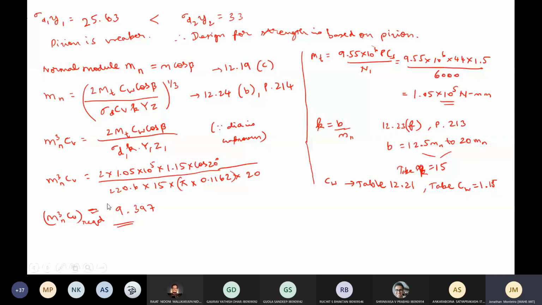So here the first column for iteration is Mn, taken in mm, the normal module. D, the diameter, once you set the module, is Mn Z1 by cos beta. How was it when it was a spur gear?